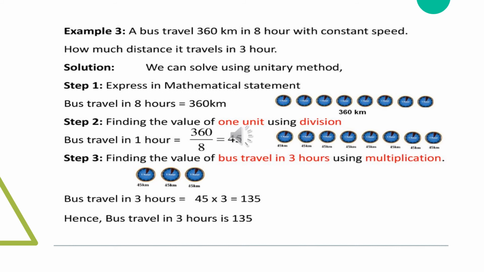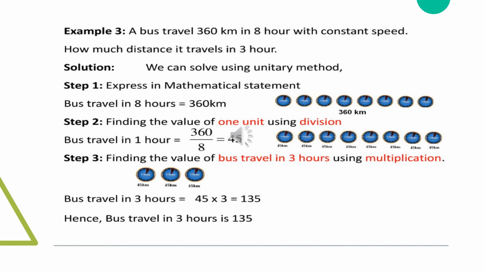Now we have another example: a bus travels 360 km in 8 hours at constant speed. How much distance does it travel in 3 hours? Again we follow the same steps. First we express it as a mathematical statement: the bus travels 360 km in 8 hours. In the next step we find the value of 1 unit, and you are all clear that for the value of 1 unit we always divide. So 360 divided by 8 is 45.